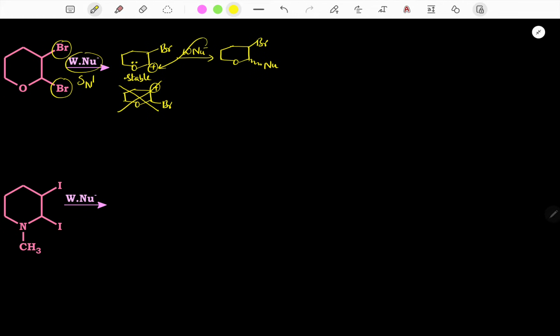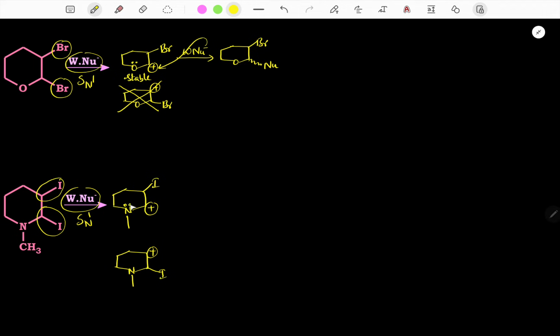Now next one, weak nucleophile with alkyl iodide. So it prefers SN1. And again in this case also two leaving groups are present. So that's why write down two carbocations: first carbocation and second carbocation. Now compare the stability among these two.